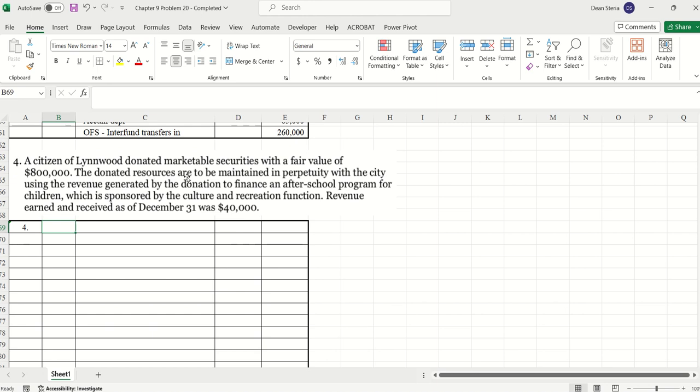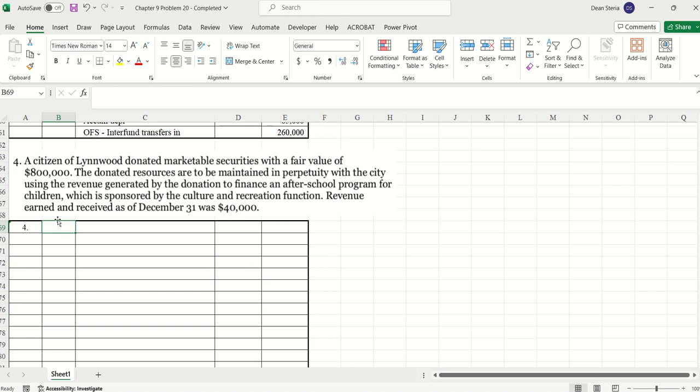The donated resources are to be maintained in perpetuity, with the city using the revenues generated by the donation to finance an after school program for children, which is sponsored by the Cultural and Recreation Function. Revenue earned and received as of December 31st was $40,000. Okay, so what are we going to do here?